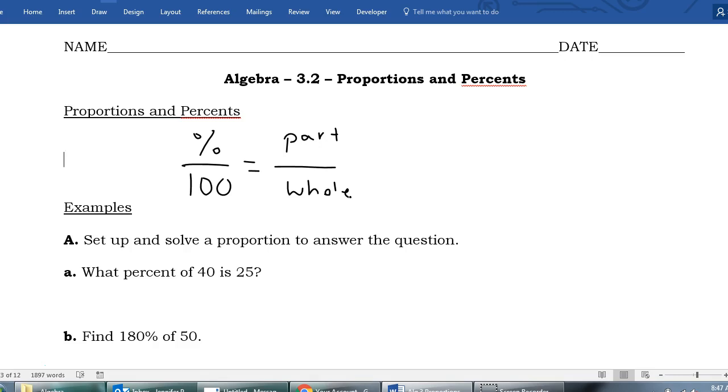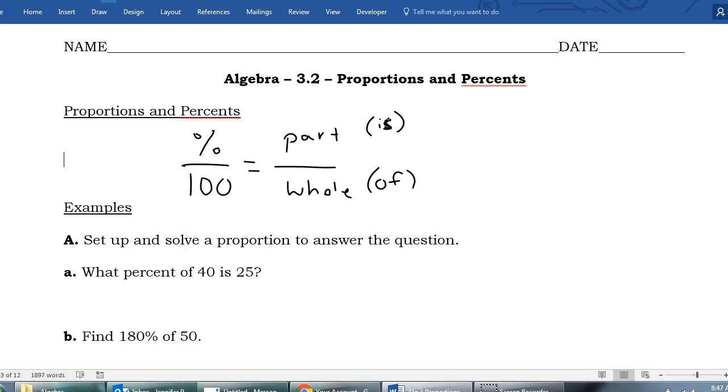So my recommendation is generally the number that has the word of by it is going to be the whole value, and the number that has the word is by it is going to be the part. So that usually helps identify which one's the part and which one's the whole.